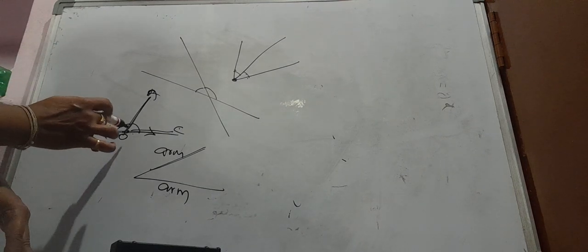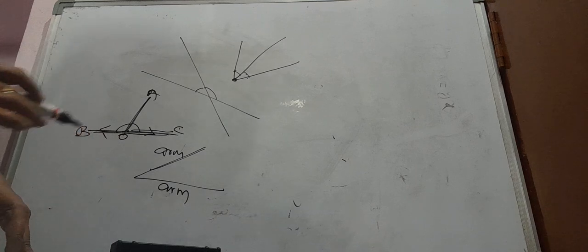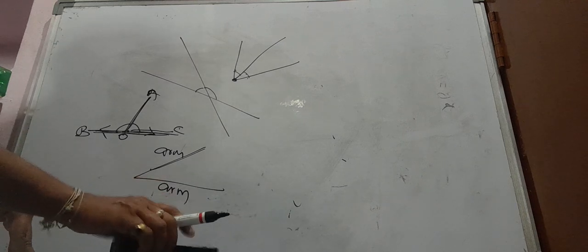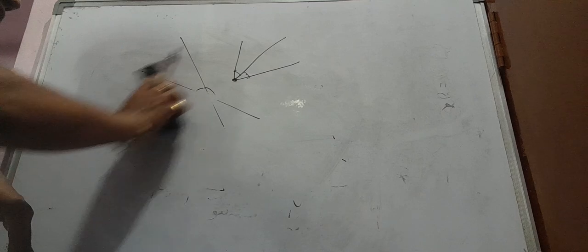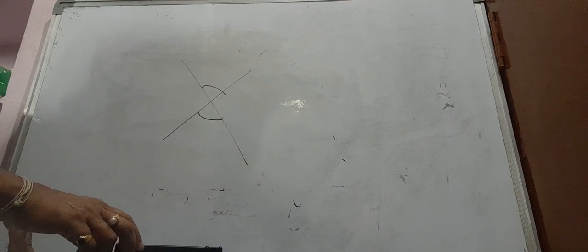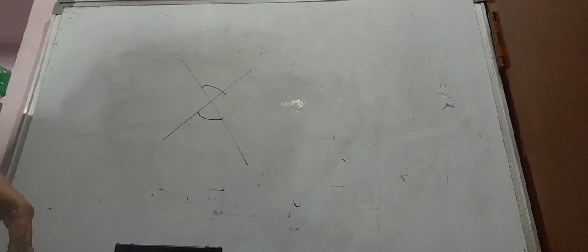Okay, so these two arms are forming a straight line, that is called a linear pair. So linear pair, adjacent angles, and vertically opposite angles also. I will tell you, if two lines cut like this, these two are called vertically opposite angles.